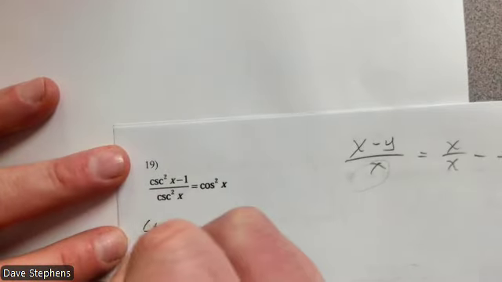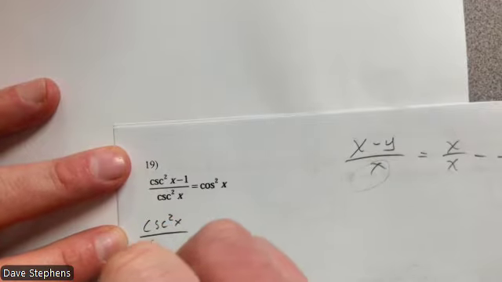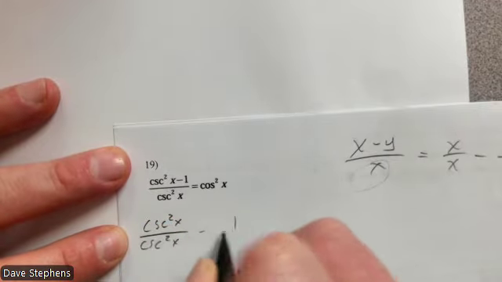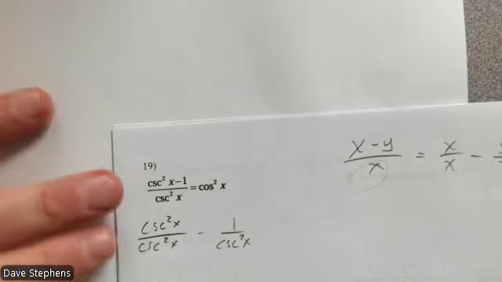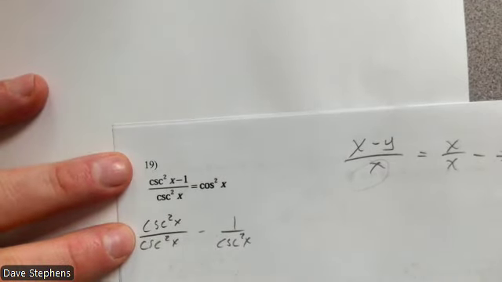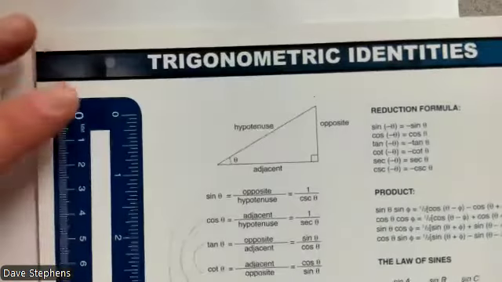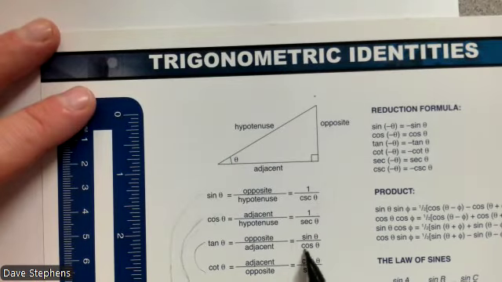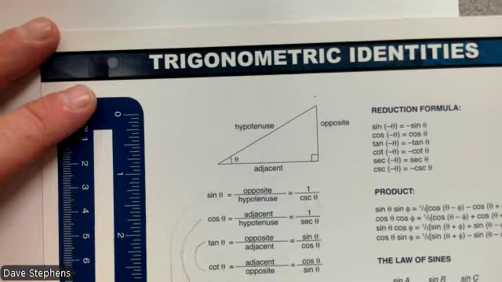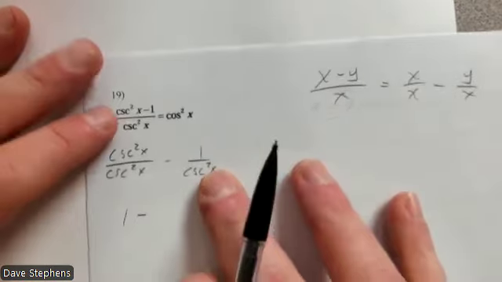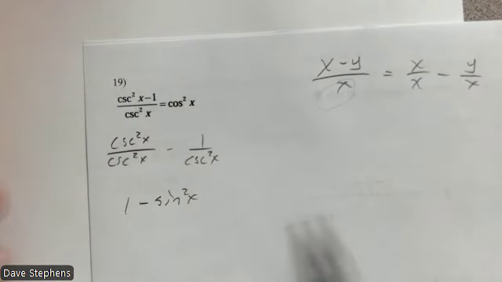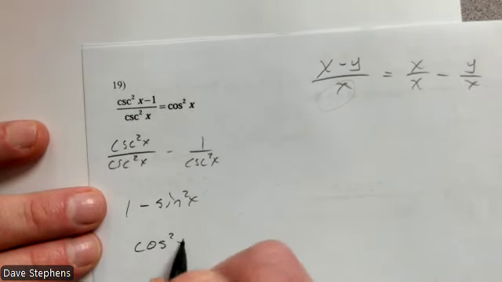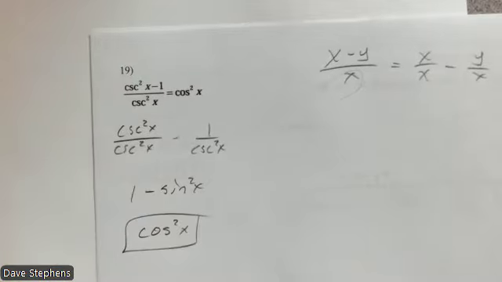So I get cosecant squared x over cosecant squared x minus 1 over cosecant squared x. Not a problem. 1 over cosecant is sine, so 1 over cosecant squared is sine squared x. 1 minus sine squared x is indeed cosine squared x. That's your Pythagorean identity.